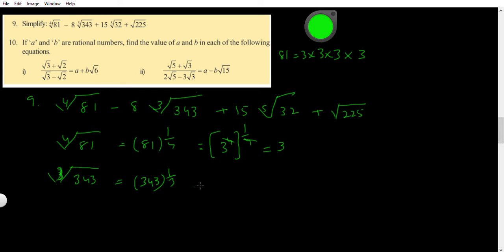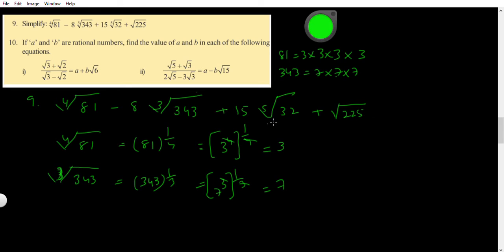This is the exponential form. 343 we can write as 7 times 7 times 7: 7 7s are 49, 49 7s are 343. So here we can write 7 cubed, whole to the power of 1 by 3. Again the 3s get cancelled, we get 7.